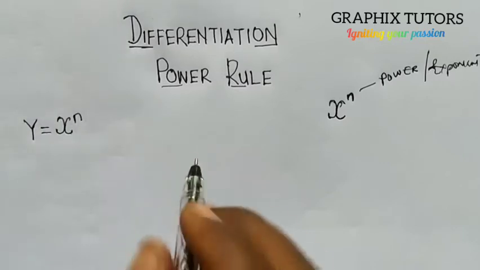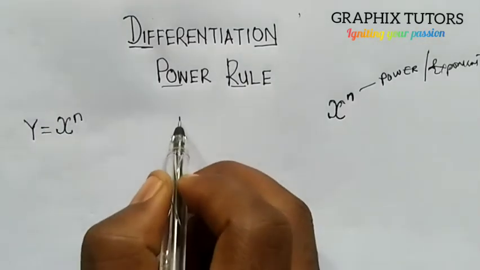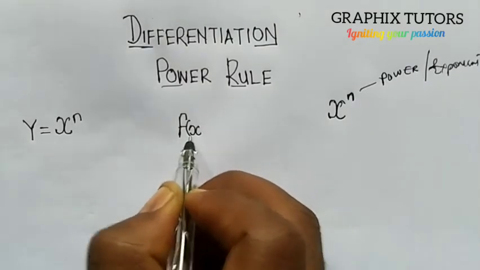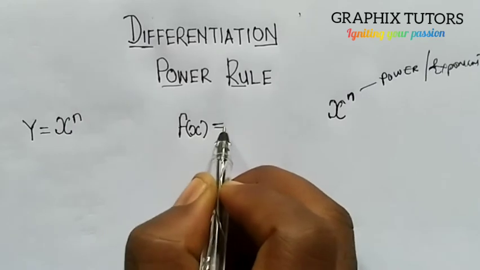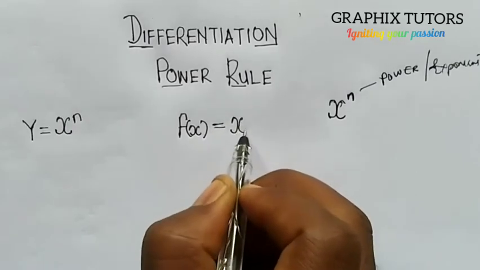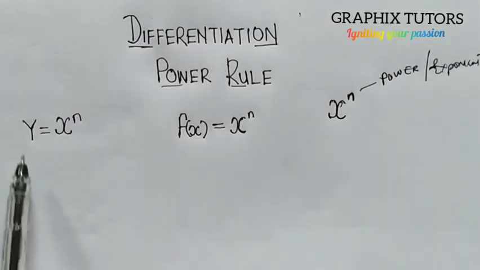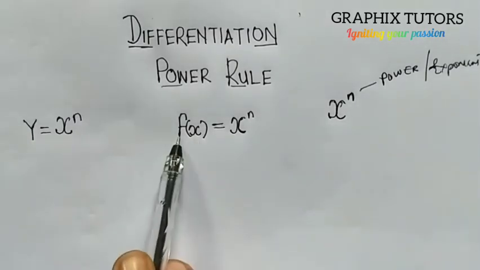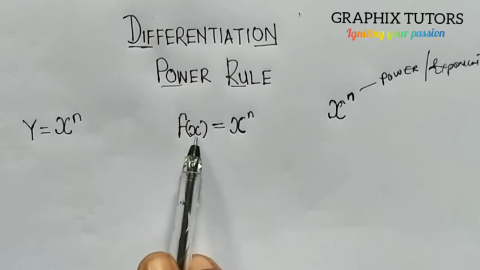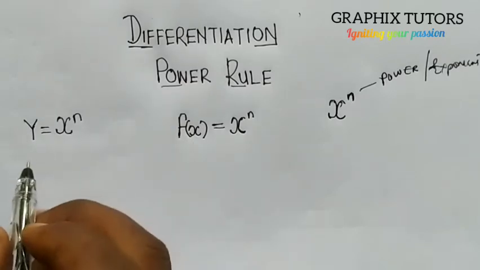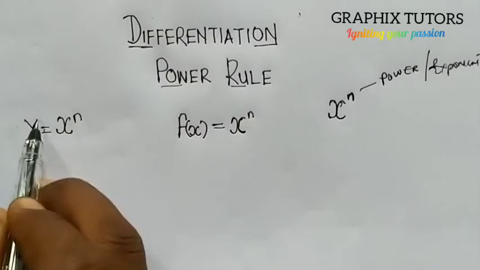This can also be written as f of x equals x^n. So these are the two ways you can write this, because y is a function of x. That's why you call y f of x, right?